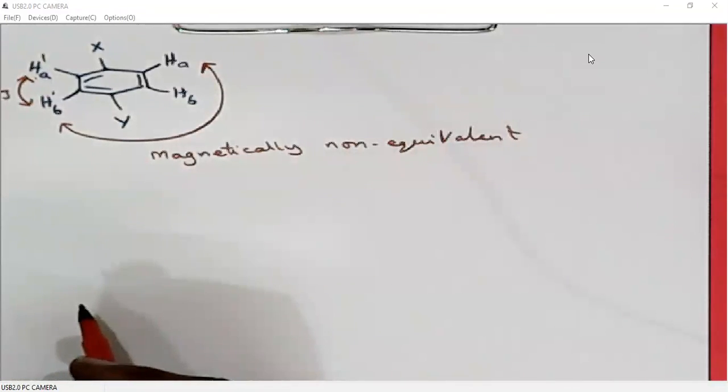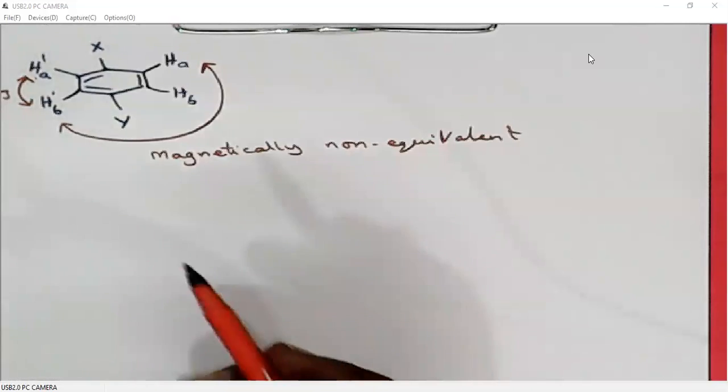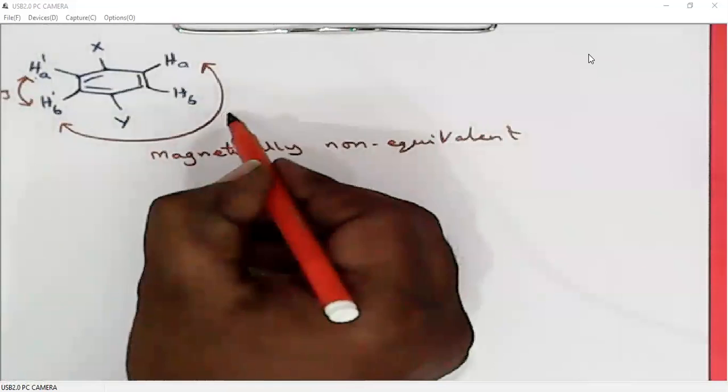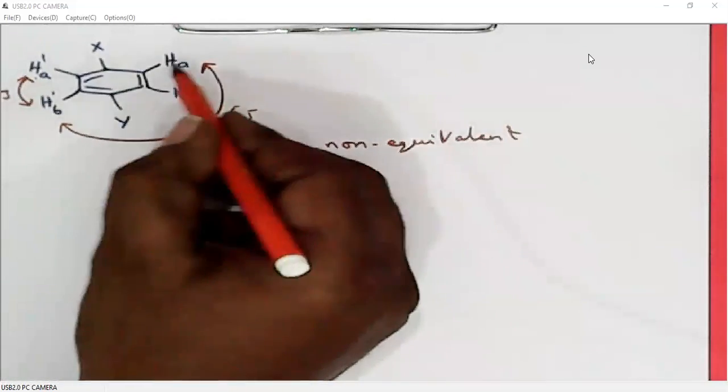What are magnetically non-equivalent protons? They look like chemically equivalent, but they will have different coupling with different atoms. For example, coupling between these two is different. Coupling between these two protons is different.